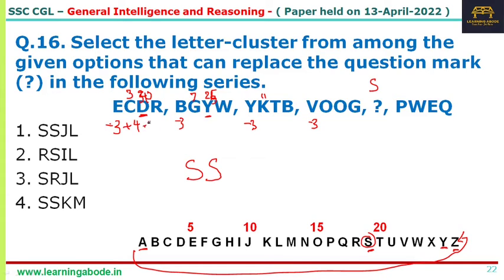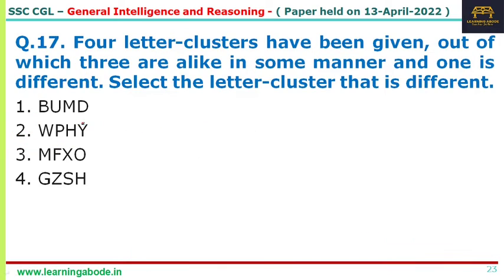Which means this is like minus 5. So D minus 5 is Y, Y minus 5 would be T, T minus 5 is O, O is 15, 15 minus 5 is 10, the 10th alphabet is J. So SSJL should be the answer. I'm able to pick out something unique, so I'll just mark it and move on. Question number 16, answer option 1 is the answer.